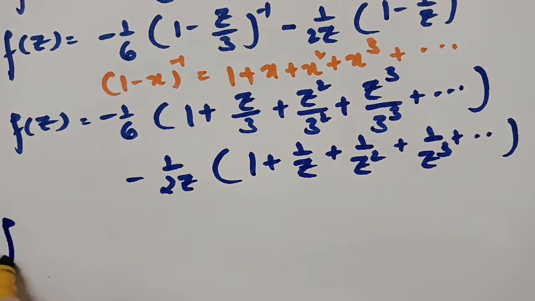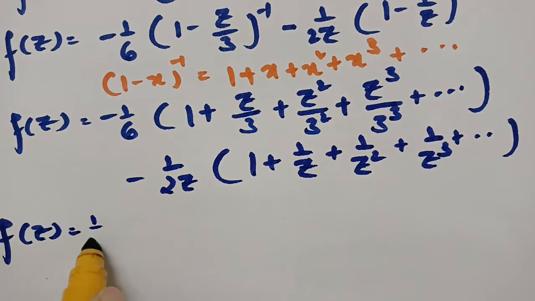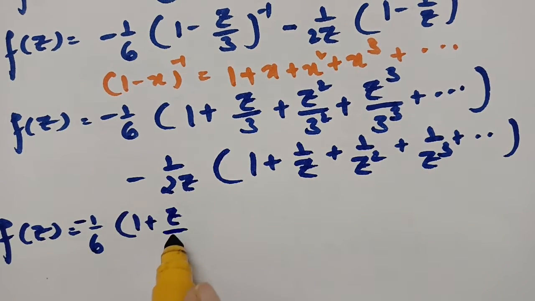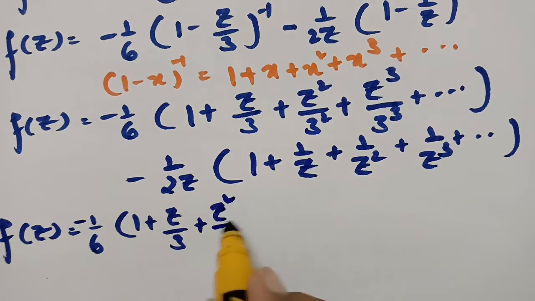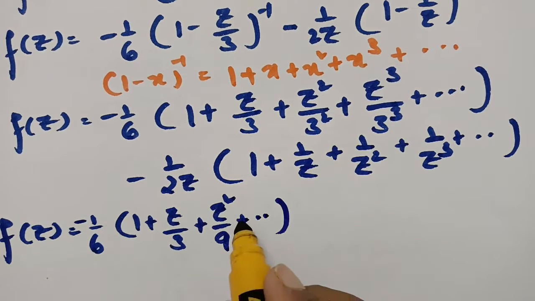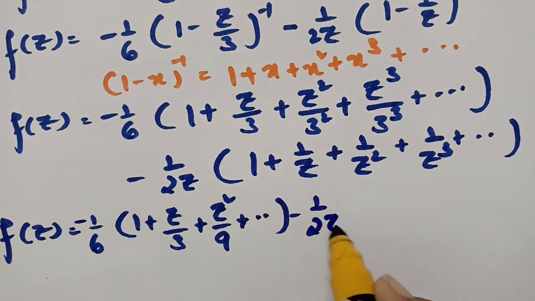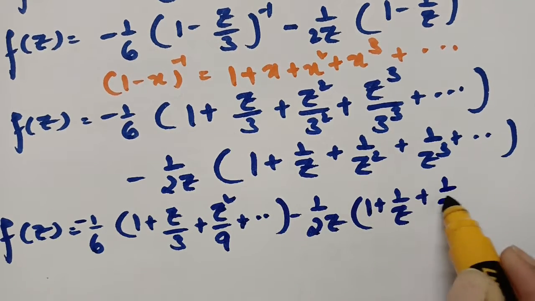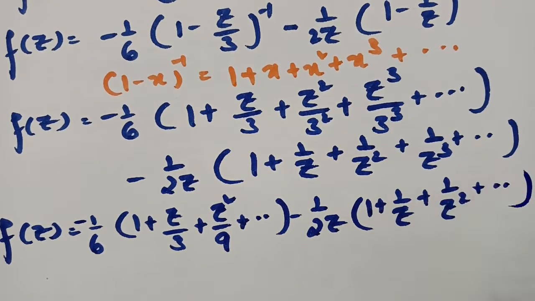So f of z can be written as minus 1 by 6 times of 1 plus z by 3 plus z square by 9 plus and so on, minus 1 by 2z times of 1 plus 1 by z plus 1 by z square plus and so on.